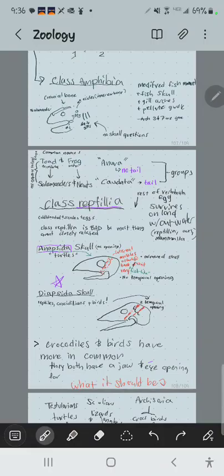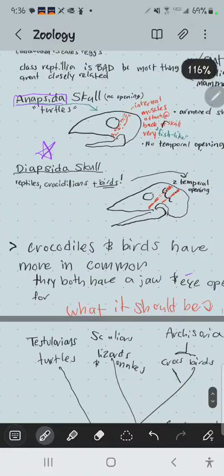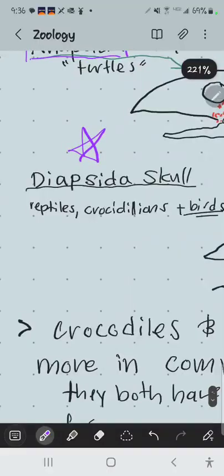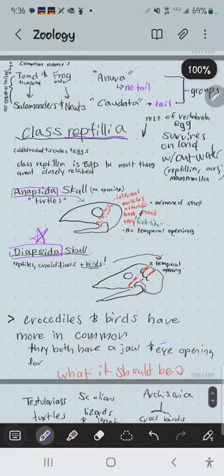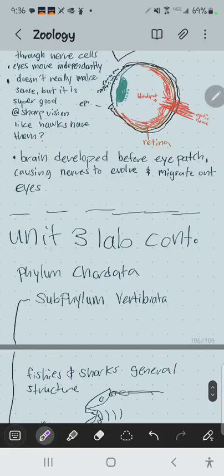And this one I have labeled C. So basically the birds are diapsida like the reptiles are, but the turtles are not diapsida, they're anapsida. So they're a totally different kind of thing. So on the test you probably will need to compare the turtle, the crocodile or alligator skull, and the bird skull, and be able to recognize anapsida versus diapsida skulls.